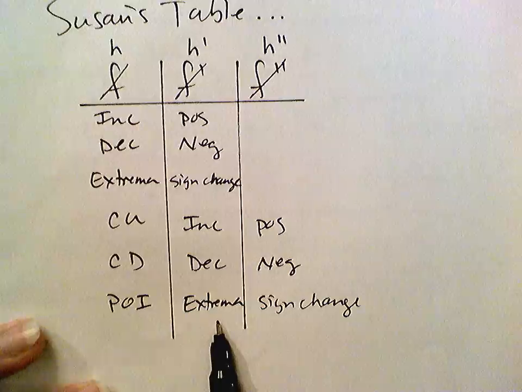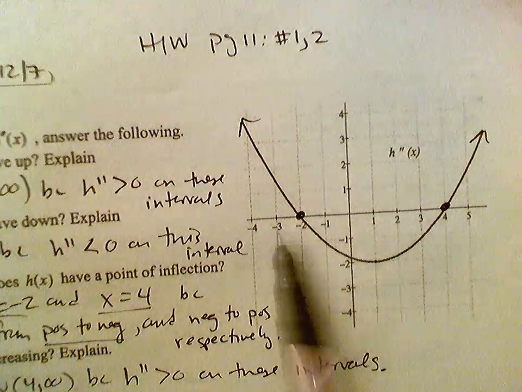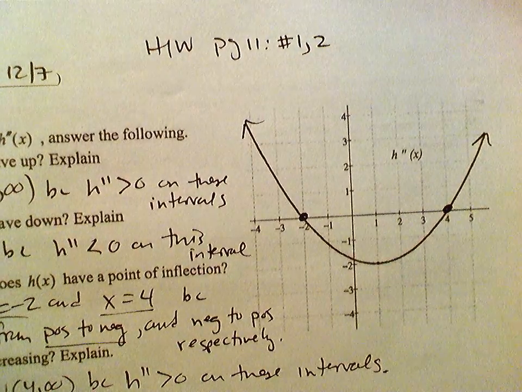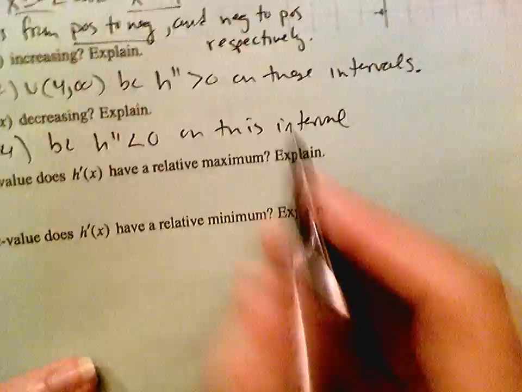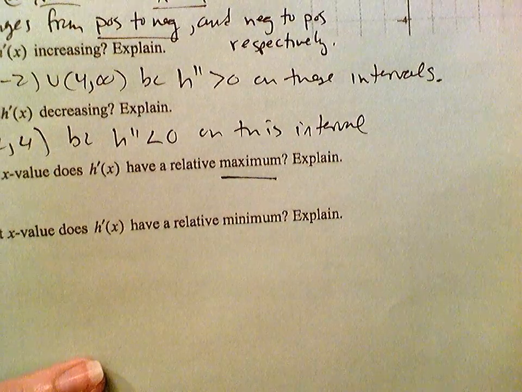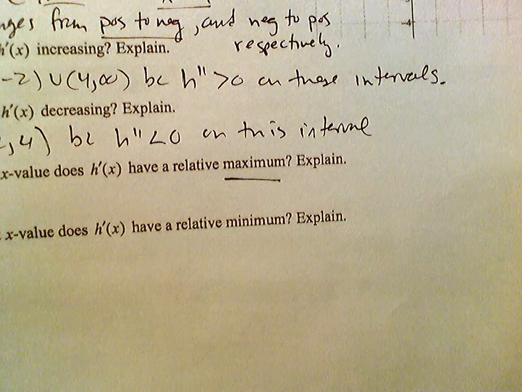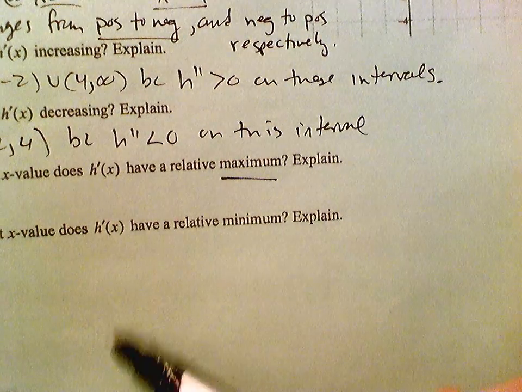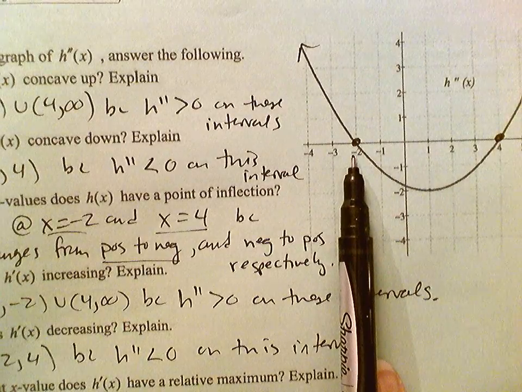The extrema of h prime are going to occur at these zeros of h double prime. To have a relative max, you have to be changing from positive to negative, because of an increasing slope to a decreasing slope. So positive to negative is happening here.